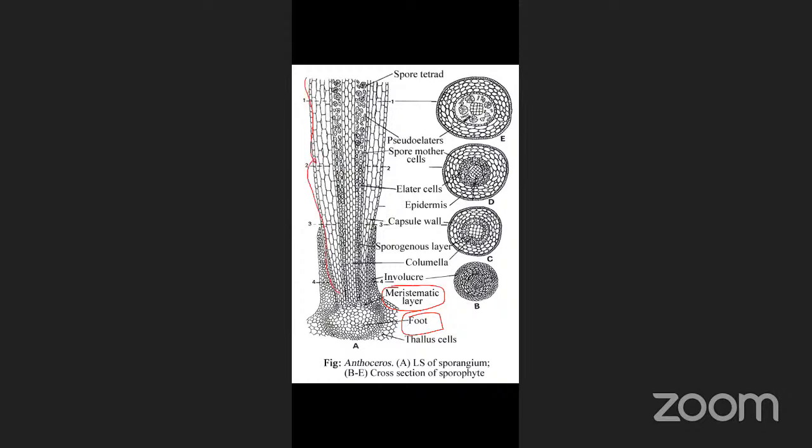The function of the foot is fixation and absorption. The foot is completely embedded inside the thallus cells. Then, due to the activity of the meristematic tissue, the capsule structure gradually increases rapidly. Let's see the capsule structure.